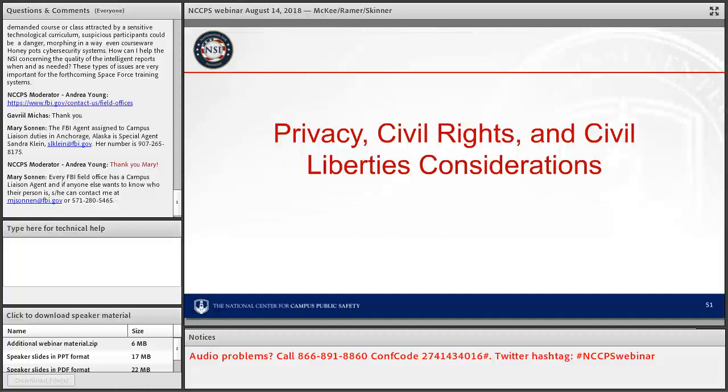And the risk of harm to the individual may be greater if it's broadly shared. Now, the NSI guidance that we're going to be discussing is known as the ISE-SAR Functional Standard. It's guidance that has been adopted by the Fusion Centers, and it's incorporated in the Fusion Center privacy policies.